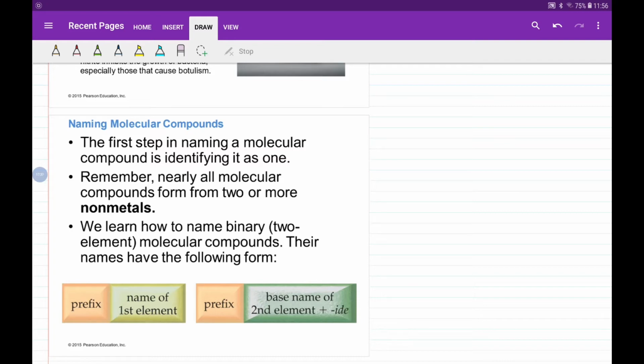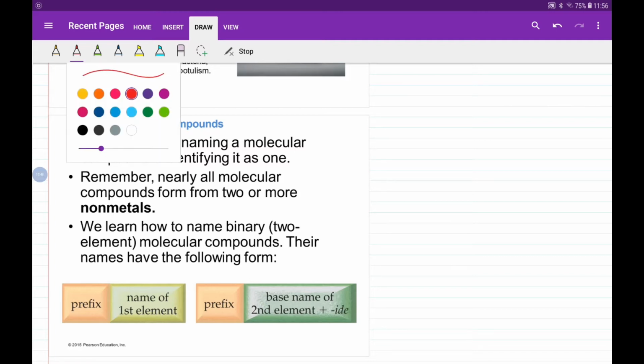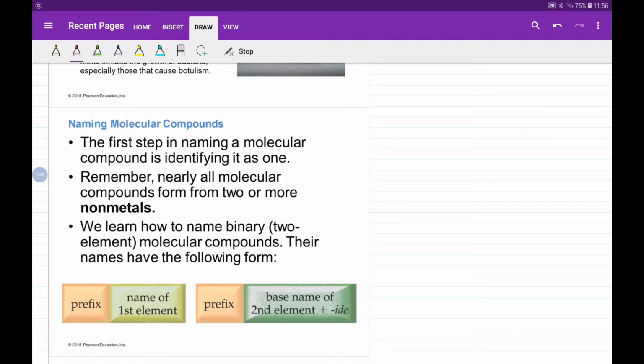Now we're going to move to naming molecular compounds. Okay, when we say molecular compounds, we're talking about non-metal, non-metal. We don't have metals anymore. So we have two or more non-metals in our molecular compounds.